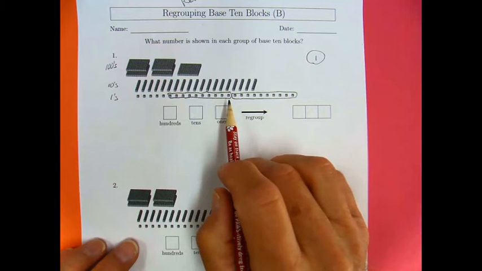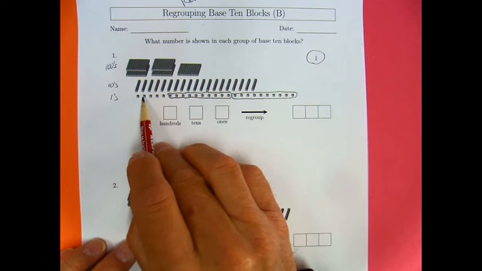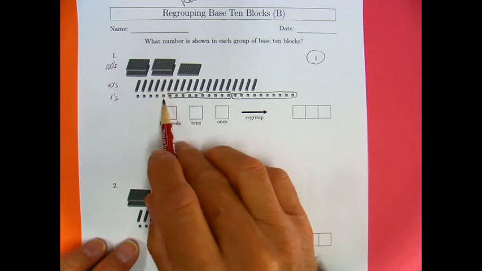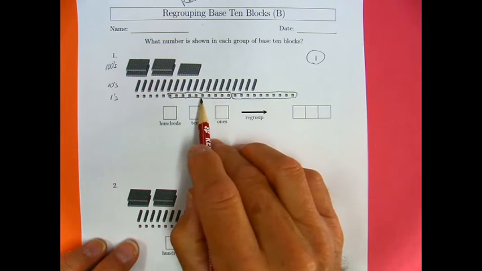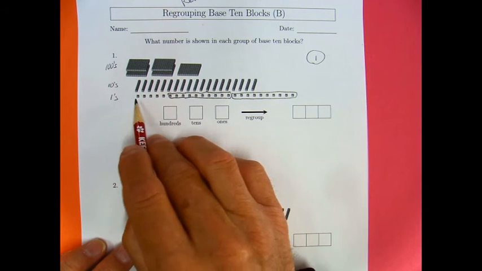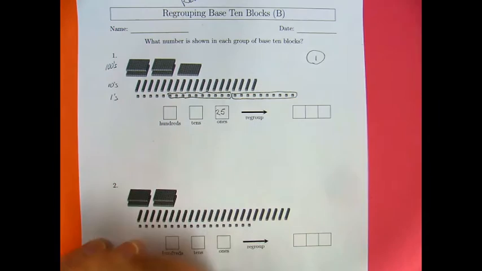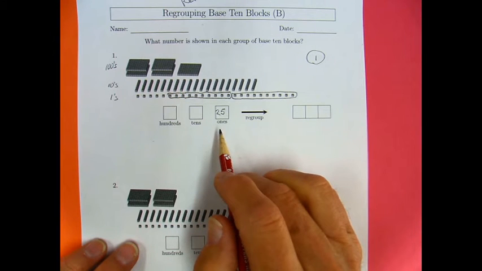We group things by groups of 10. I don't have 10 over here. 1, 2, 3, 4, 5. So I can't group those. So this makes it easy to count. 10, 20, 1, 2, 3, 4, 5. So I have 25 ones. This might be a little bit easier to do this way than the previous way.